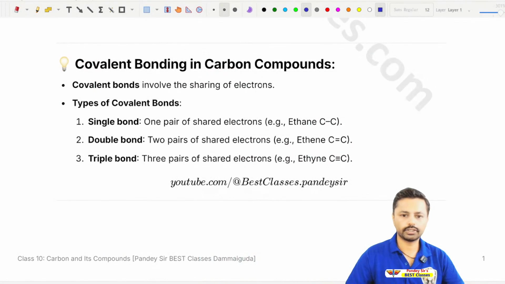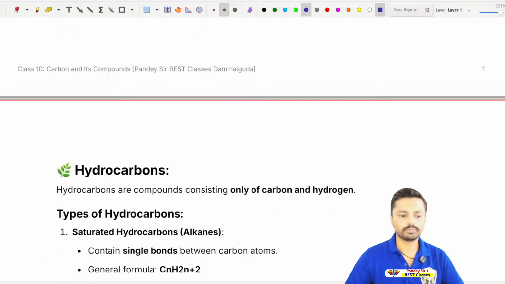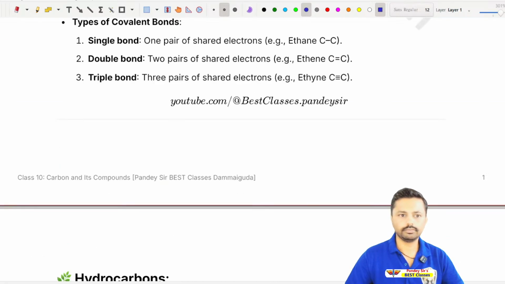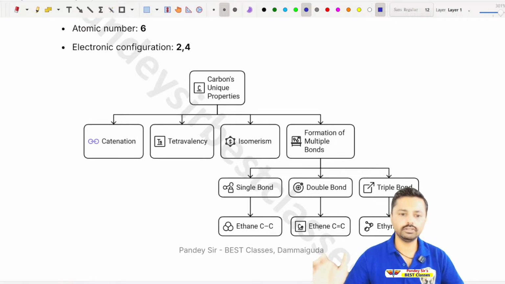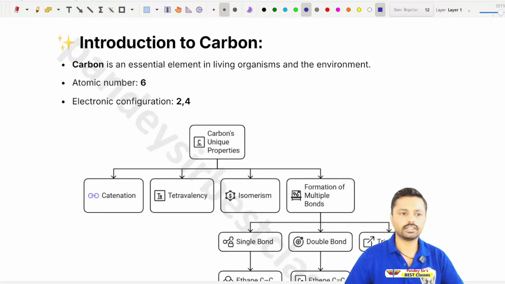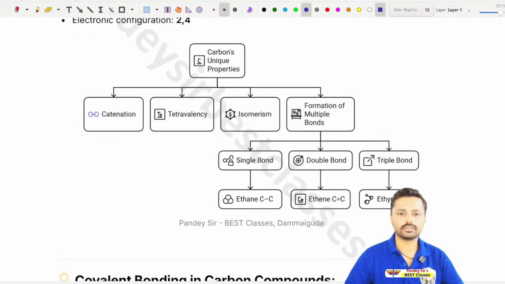So see this one: covalent bond, double covalent bond, single covalent bond of carbon compounds. So ethane will be C single bond C, ethene will be C double bond C, and here are important properties of carbon, all of which I will tell. Before that, take a look at the properties.